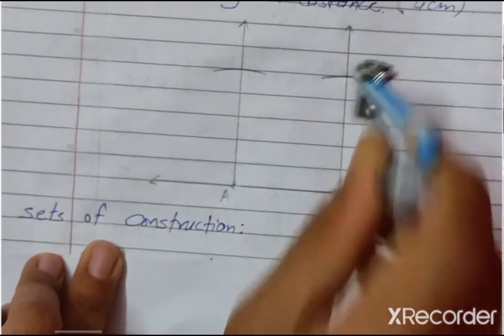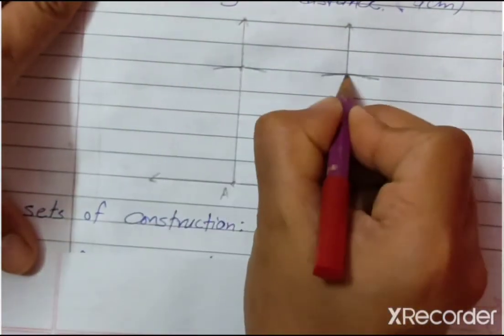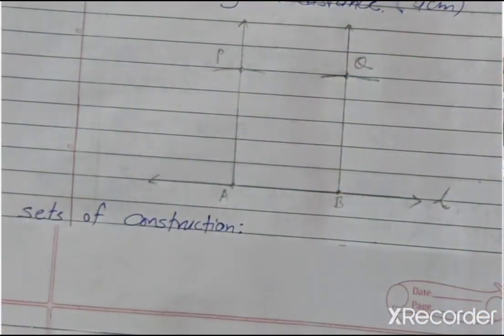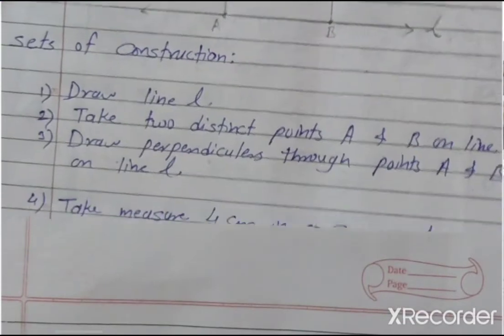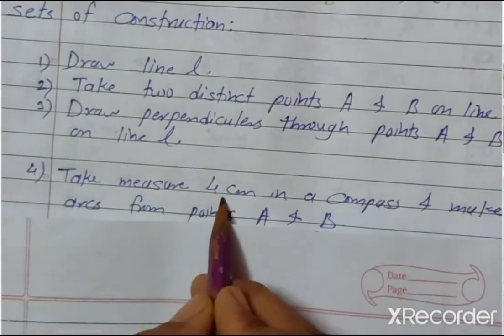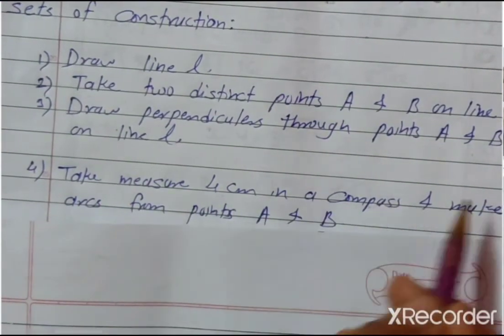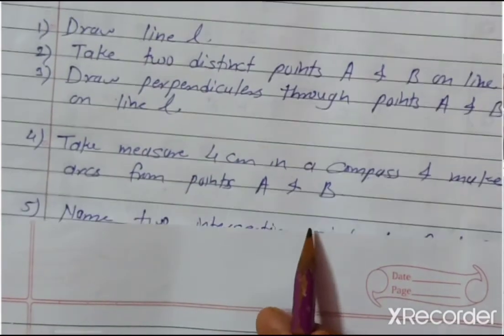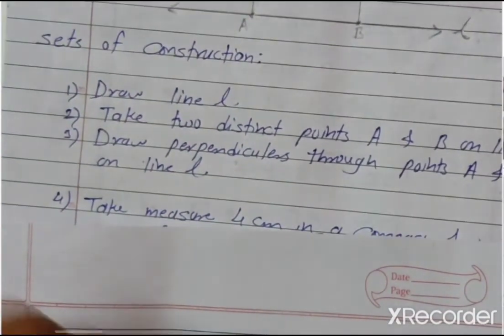This is the second arc. So name these two points, suppose P and Q. So this is the next step. Take the measure 4 cm in the compass and make 2 arcs from points A and B.